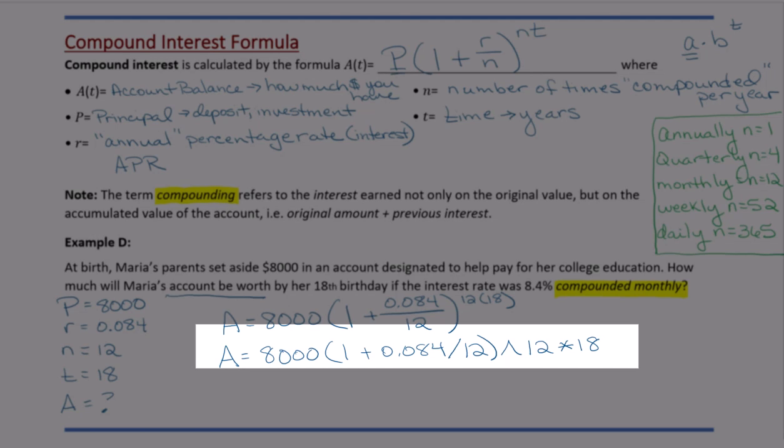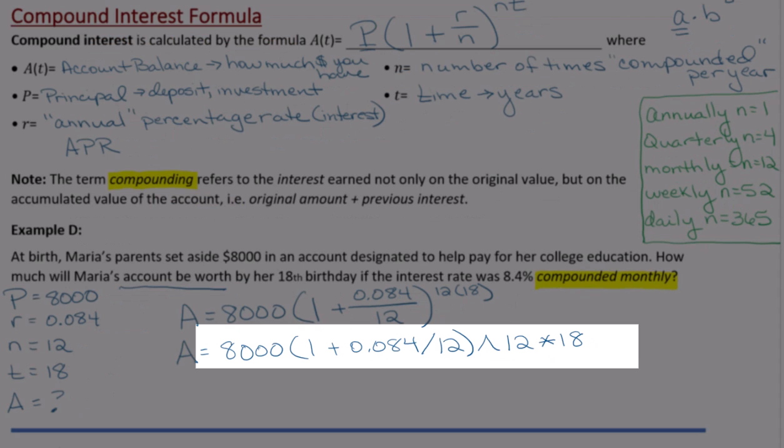The reason is order of operations. Exponents come before multiplication. Your calculator will only recognize 12 as being the exponent, and then it's going to multiply that entire thing by 18 later. So this is where we need to be sure and put parentheses around our entire exponent, or multiply the exponent first and then put it into your calculator.